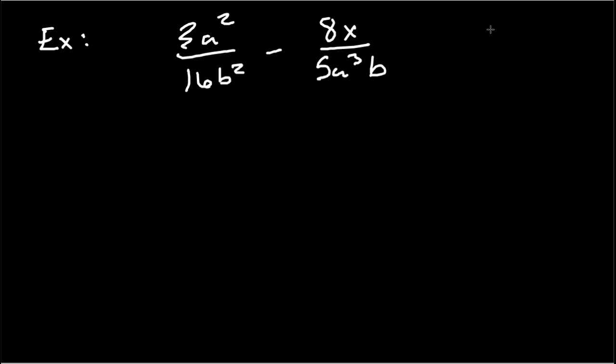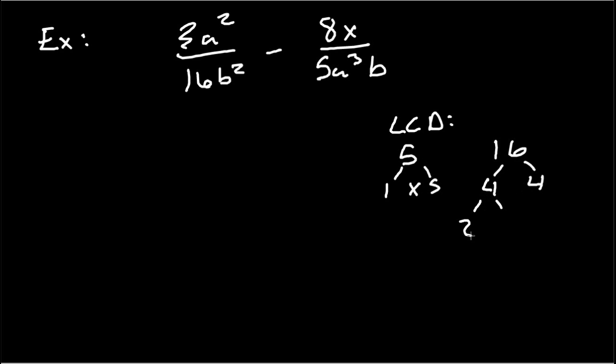Again, we need to find our LCD. This is a little bit trickier this time because now we've got 5 and 16. Just like before, line up your numbers and factor them. This is pretty easy. This is 5 times 1. This is 4 times 4, which 4 is 2 times 2, and then 4 again is 2 times 2.